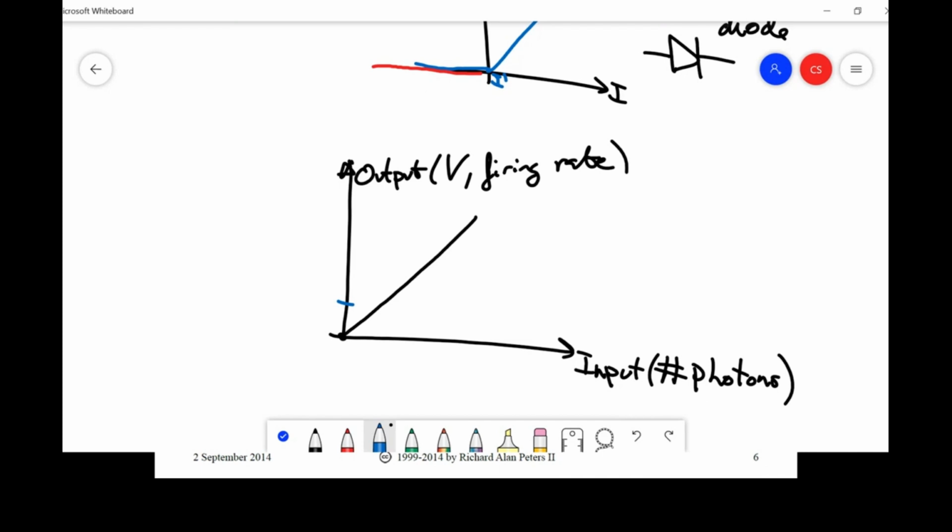And then, as the number of photons increases, we would expect that this increases. And then at some point, what happens with most of the sensors is that they saturate. For instance, neurons cannot fire more quickly than a given frequency.